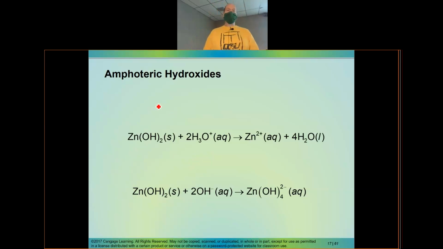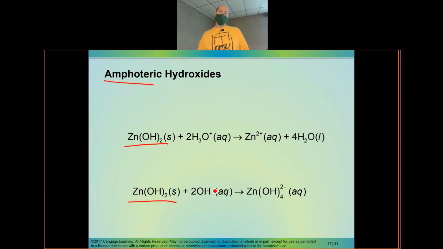All right. Zinc hydroxide is an interesting compound. It is an amphoteric hydroxide, which means it reacts with acid and it reacts with base. So when you have a hydroxide, you expect that to react with an acid. Acid plus base gives salt and water. But our zinc hydroxide also reacts with the base, OH minus.